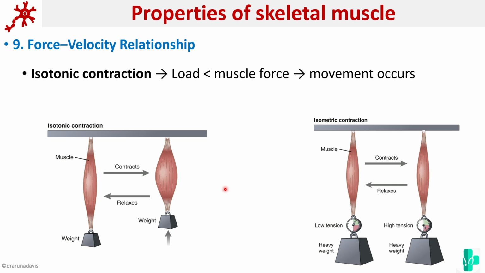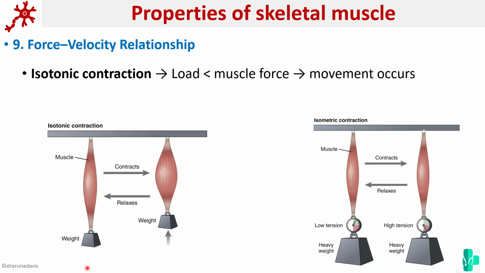But suppose I put a heavy weight, greater than the force which that muscle can generate. In that case, do you think this muscle will be able to lift this weight? No, no movement will occur, which means it will be an isometric contraction. The length of the muscle would remain the same, only the tension developed would differ.